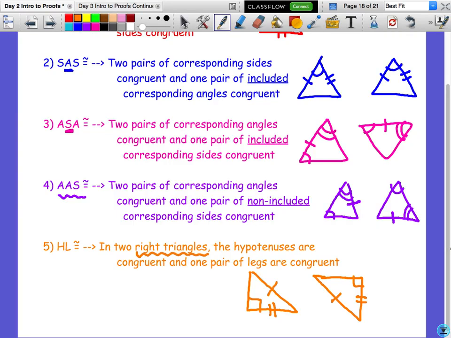And angle, side, side is not one of our shortcuts either, and it's not just because it spells an inappropriate word. There is a mathematical reason for that. So if you search, why is angle, side, side not a valid method of congruence, there's a lot of great videos that demonstrate that.